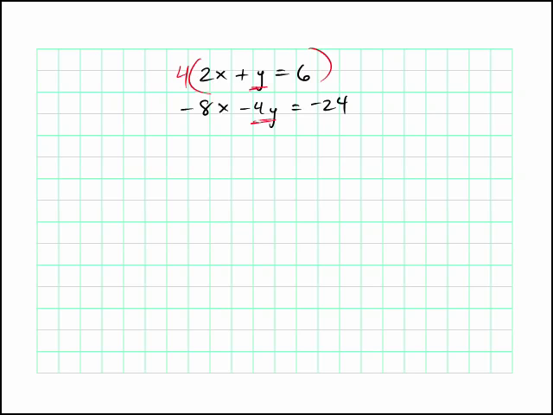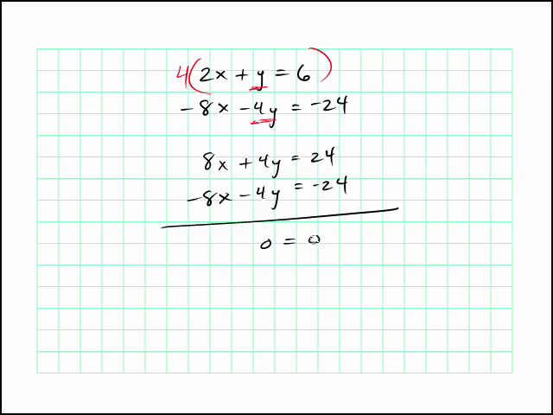So let's rewrite those equations. 8x plus 4y equals 24. Negative 8x minus 4y equals negative 24. And if you add everything up, everything is gone, and you end up with 0 equals 0.